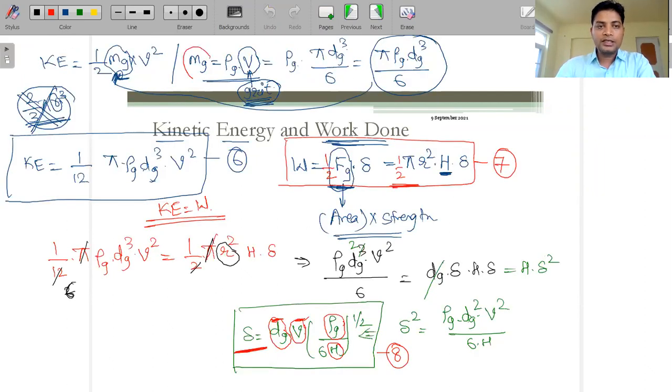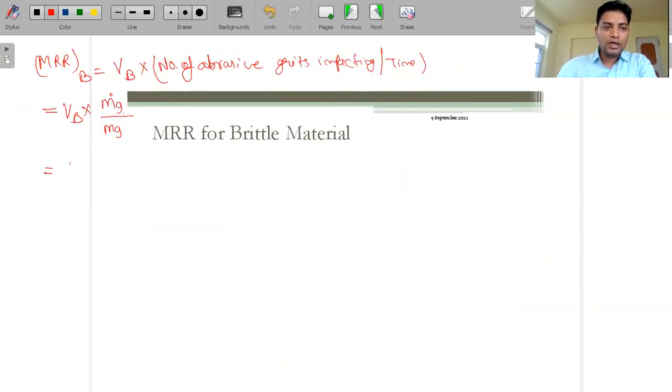Here we have calculated this mg, which will be equal to pi by 6 into rho g into dg cube. So I am replacing this value, and this will be equal to VB into m dot g upon pi by 6 into rho g into dg cube.